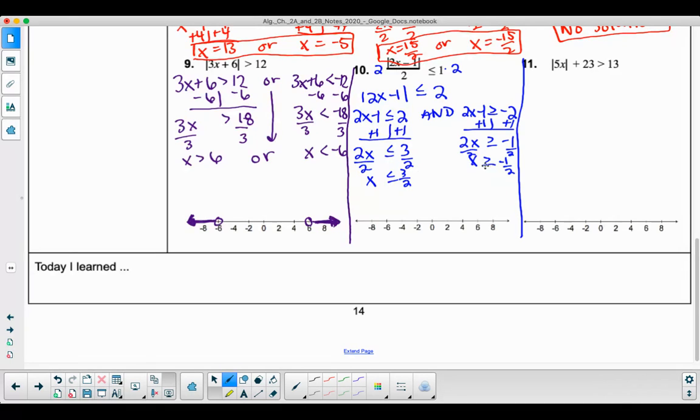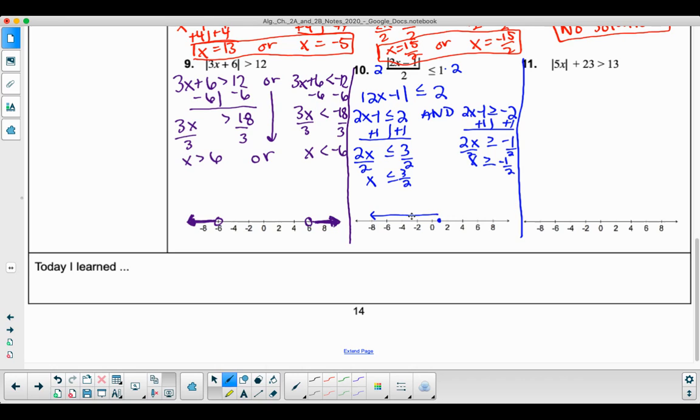Now this is an "and" statement, so let's just draw this out. So x is less than or equal to 3/2. 3/2 is about 1.5, so we're looking somewhere between 1 and 2. It's a closed circle, all right? And that goes to the left because it's less than or equal to.